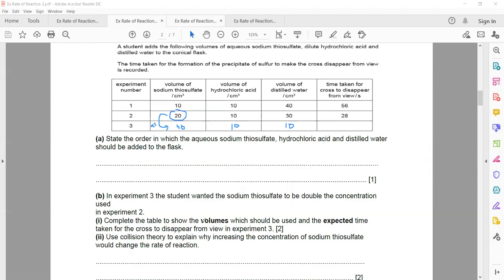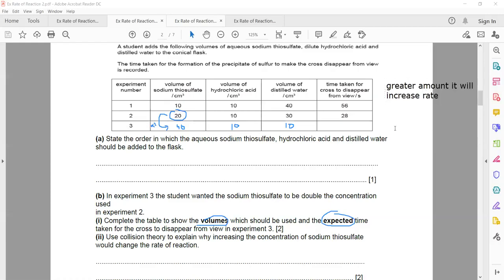Now complete the table to show the volumes and expected time. How can you find the expected time? If I use more thiosulfate, as we know, if we use a greater amount of reactant, then it will increase the rate.